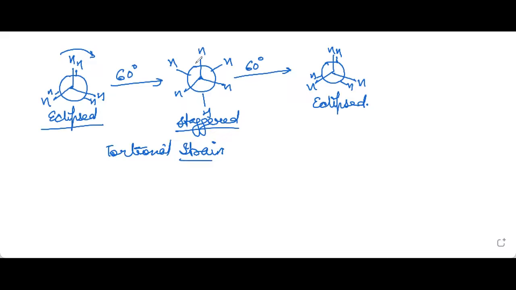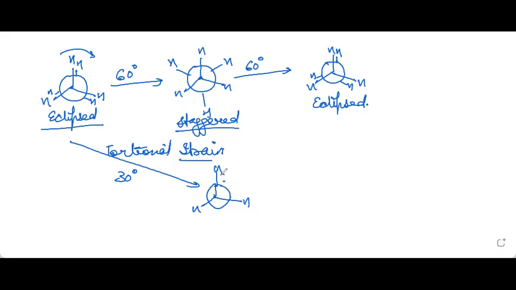And the magnitude of torsional strain depends upon the angle of rotation. So how much is the torsional strain? Suppose I rotate only up to 30 degree, this will be something like this. If I rotate this to 30 degree, something of this kind will be formed. Hydrogen, hydrogen, hydrogen. This is the front carbon.